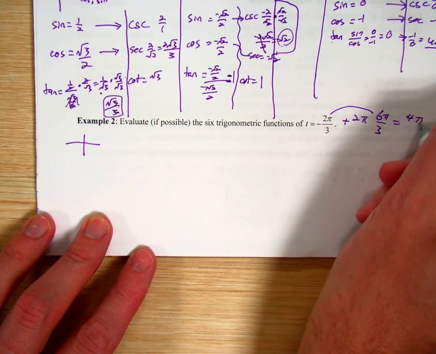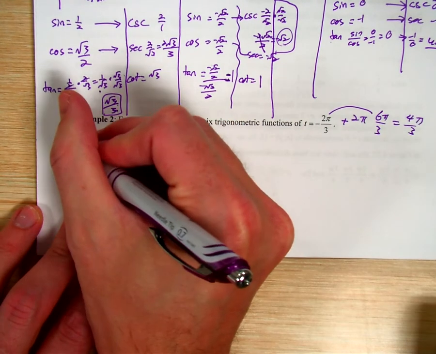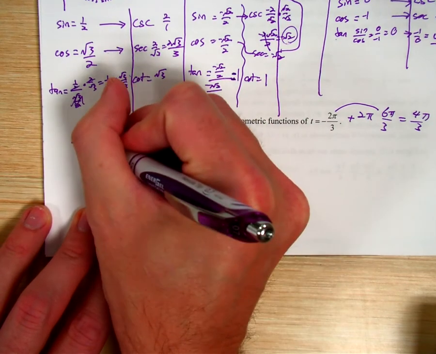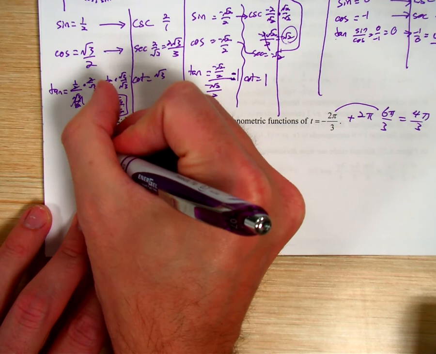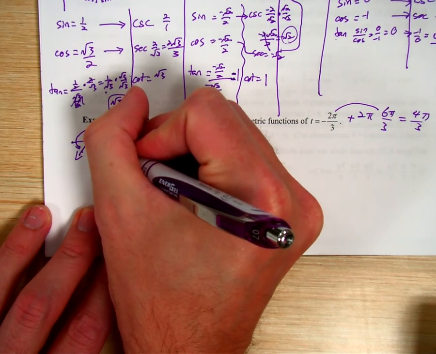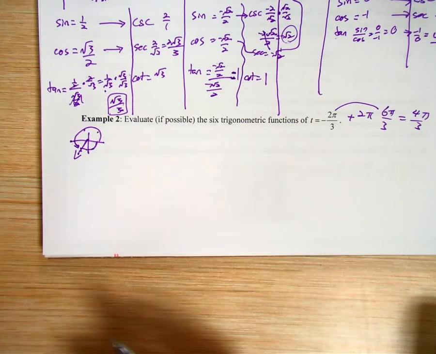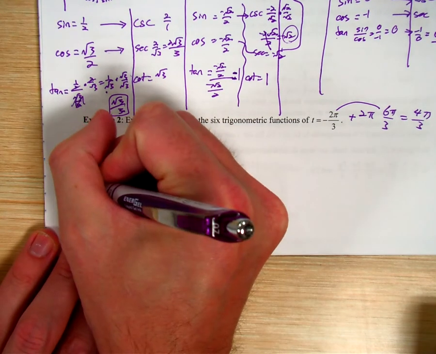And then we'd have positive 4 pi over 3, if that's easier for you. 1, 2, 3 pi over 3 would be pi. 4 pi over 3. Okay, or you could look at it this way. There's 4 pi over 3, or we could look at it as -2 pi over 3. Just whichever way you want to go, it's the same thing.